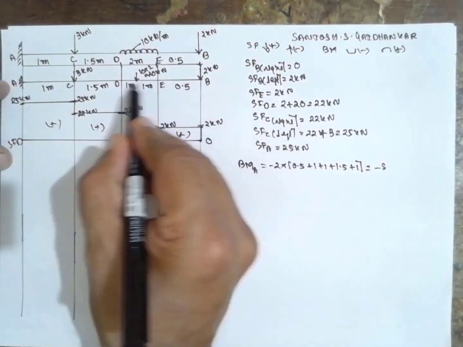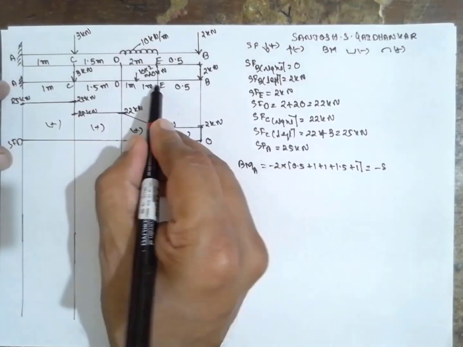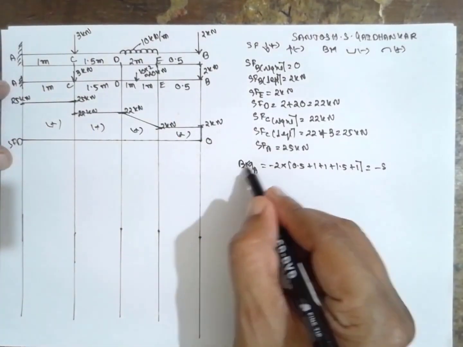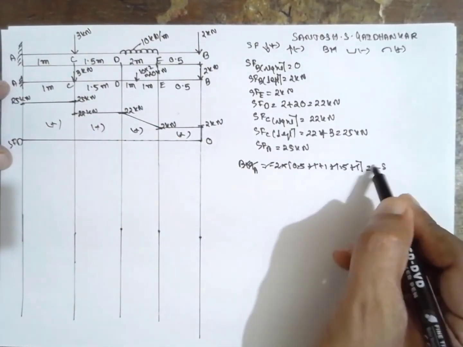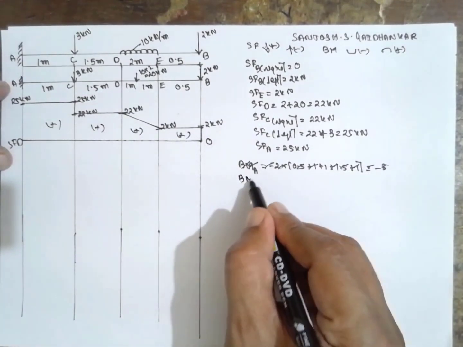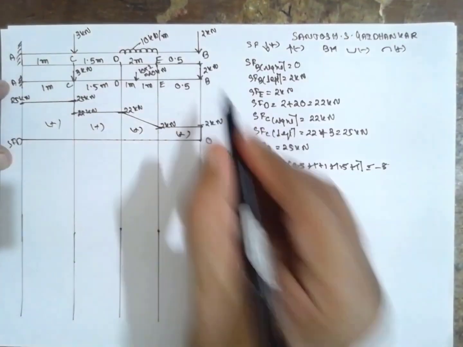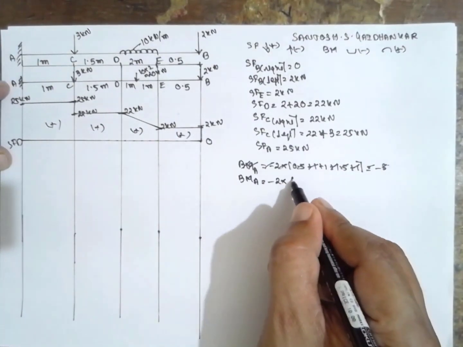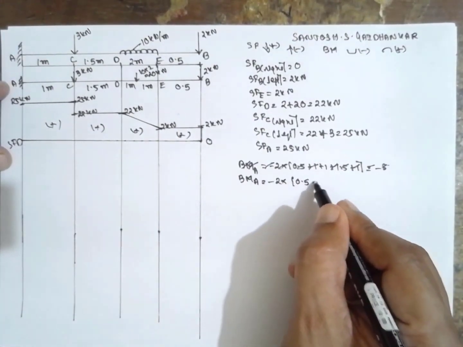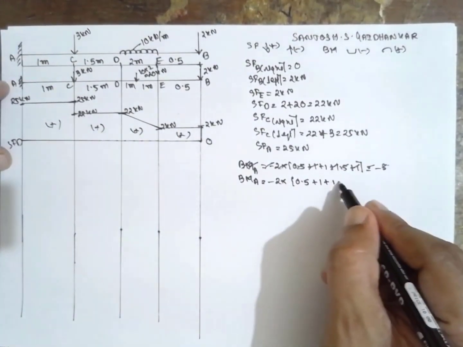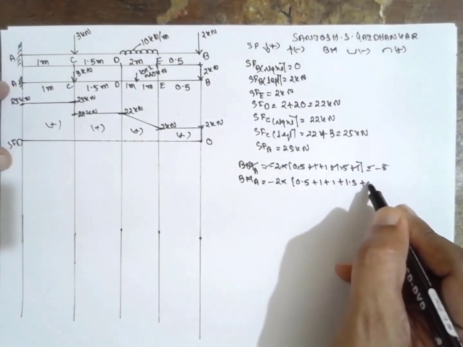Again I have to consider this part. Once again I will write it. BM at A, minus 2 into distance, 0.5 plus 1 plus 1 plus 1.5 plus 1.